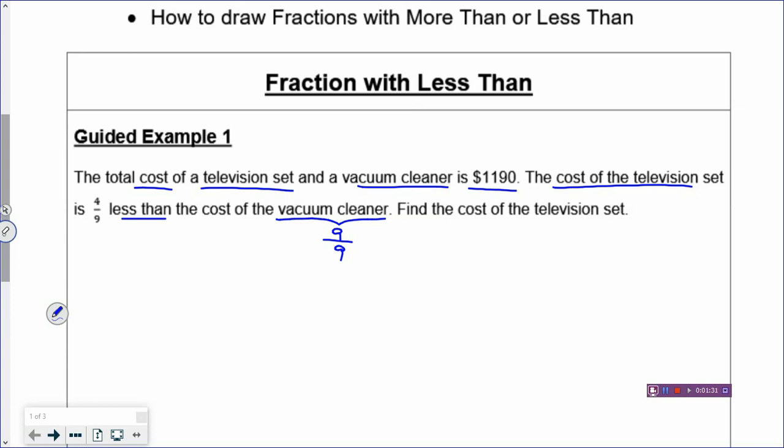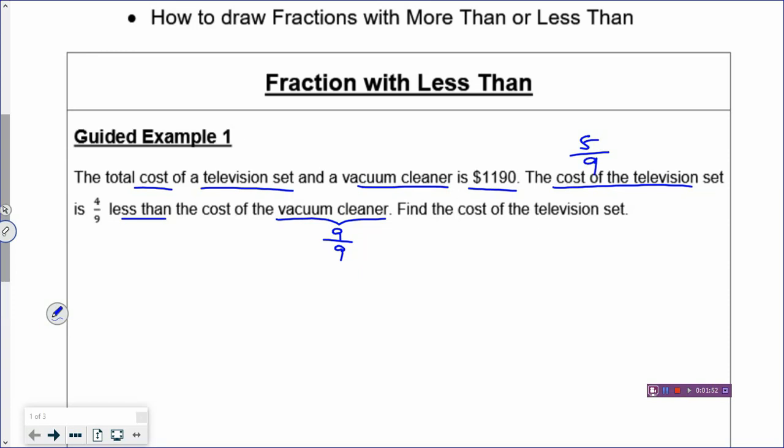The TV is 4/9 less, so you take 9 over 9 minus 4 over 9, and the cost of the TV is 5 over 9. Am I correct?